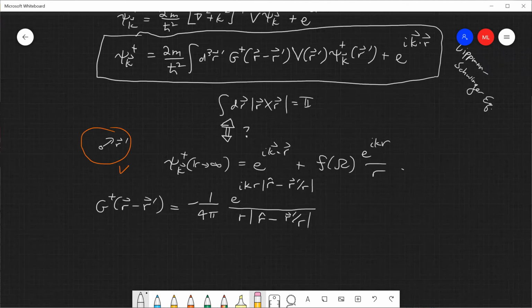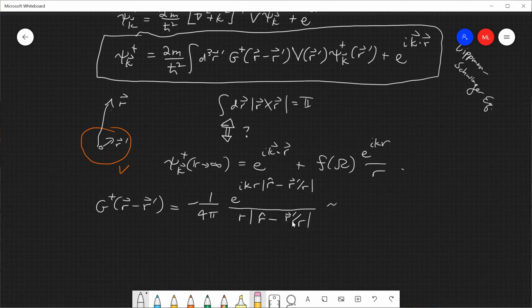And the r's we're going to take as somewhere far away where we're looking, somewhere quite far away from the target. So that means we'll be able to say that the magnitude of r prime is going to be much less than the magnitude of r. So we can Taylor series expand in r vector prime over r. This is going to be small in magnitude. It's going to be a small vector.